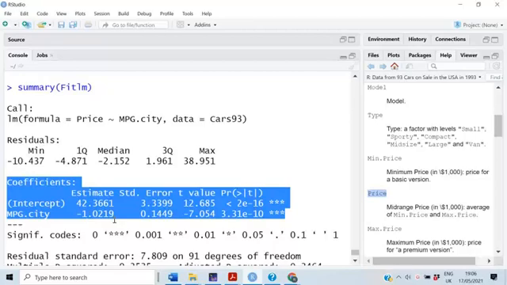However, for any 1 mile increase in the miles per gallon for intra-city driving, the price of the car decreases on average by 1.02 thousand dollars. So that's how you interpret this in relation to the problem we are dealing with.